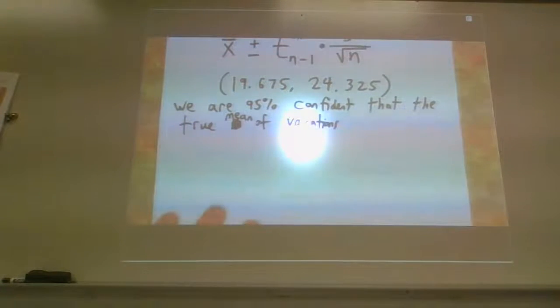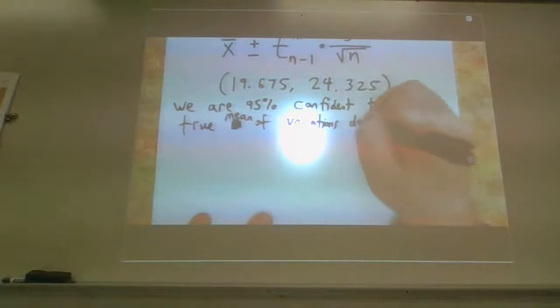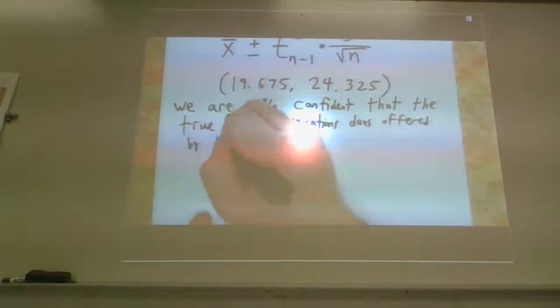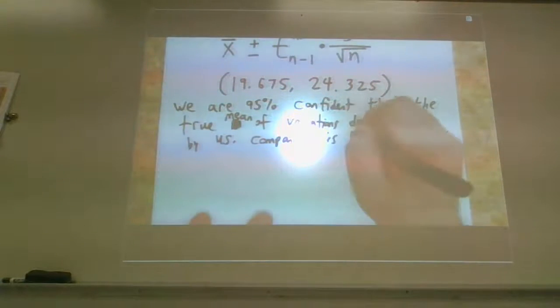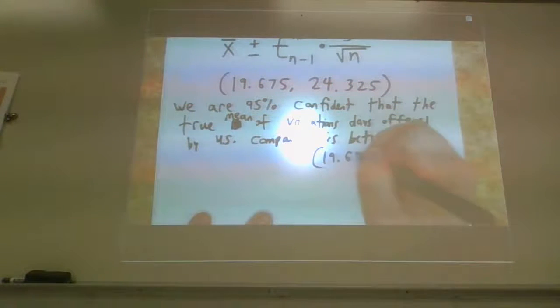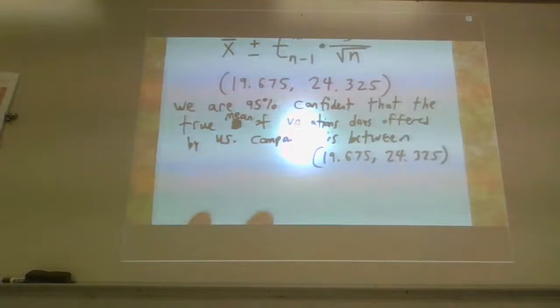That's a better word for it. The true mean of vacation days offered by U.S. companies is between 19.675 and 24.325. That is absolutely sufficient.